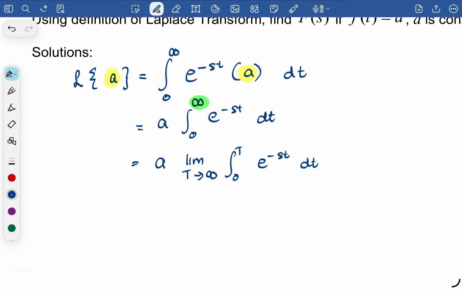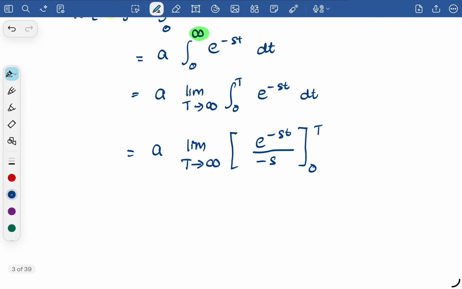So now we do the integration. We have a, where the limit for the T here is going up to infinity, and then e^(-st) is given by e^(-st) over negative s, from 0 to T. That is the integration for the exponent. You will get the exponent itself, but then you have to differentiate the negative st here.